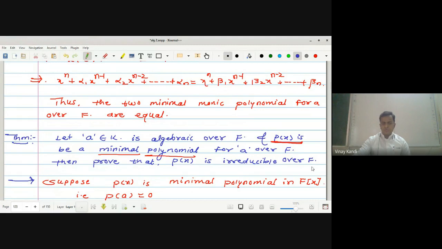So here we have to prove the converse of this theorem. Here it is given that P of x belongs to capital F of x is an irreducible polynomial such that A satisfies that polynomial, and K is an extension of F and A belongs to K. So we have to prove that P of x is the minimal polynomial.